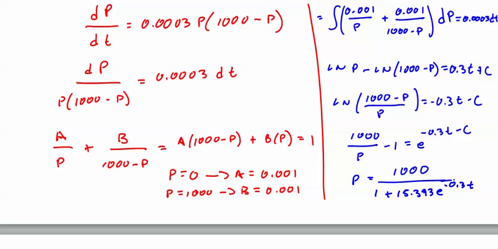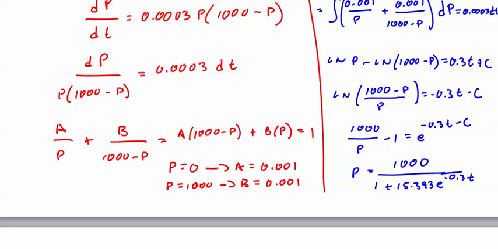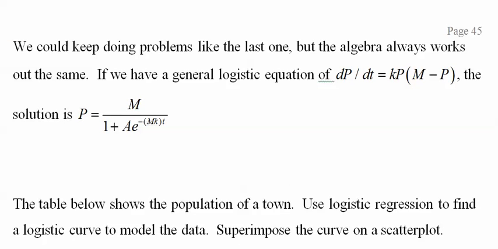And you say, wow, you skipped a lot of steps in there. How am I supposed to recreate that? And I say, you're not supposed to. It's going to be right here. All right. M is going to be your carrying capacity, max.